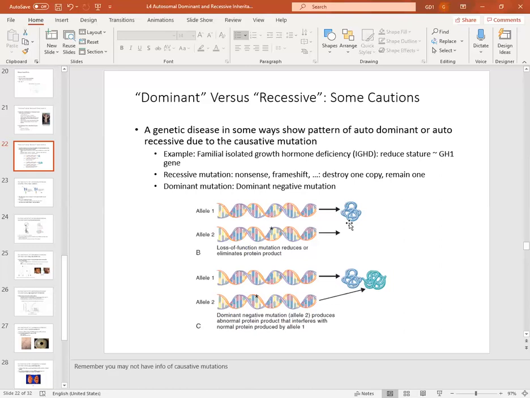In several cases, if we change the environment, the protein dose becomes more important to him, so the disease will be expressed more dominantly. That is related to the protein dose: we cannot say absolute recessive or absolute dominant.